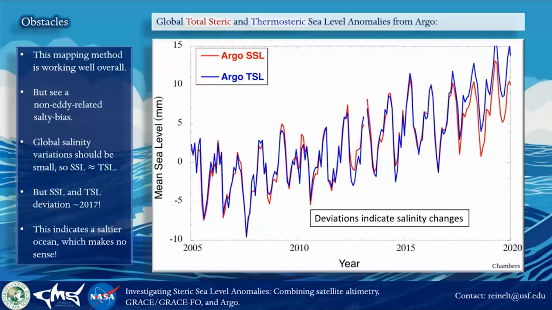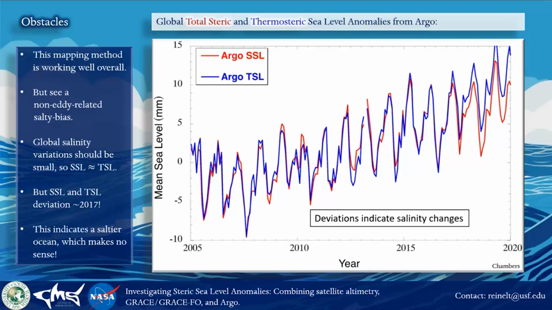Now, overall, this mapping method has been working really well, but we're still seeing this salinity bias that we know is not related to mesoscale features like eddies because we're using only the long wave signals. This figure right here shows the mean sea level from the total steric sea level anomalies in red and the thermosteric sea level anomalies in blue.